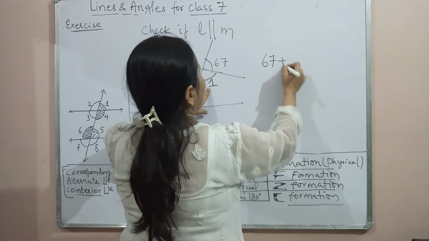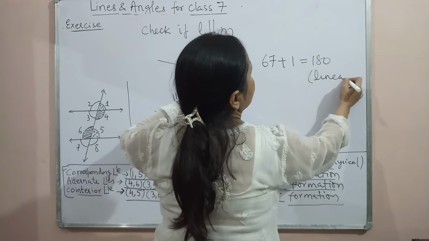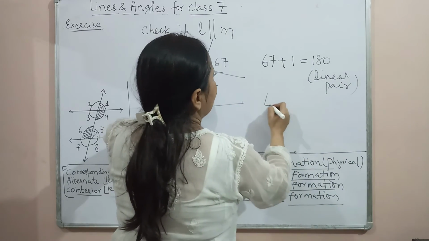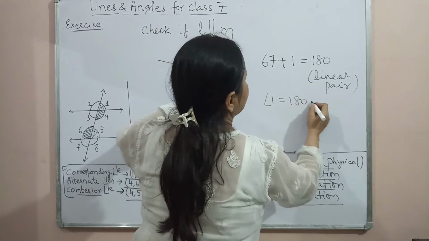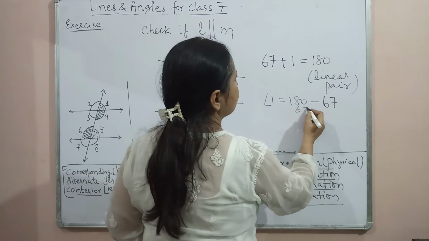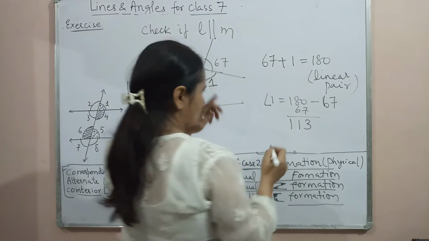Yes, 67 plus angle 1 is 180 degree because of linear pair. Now that means angle 1 will be equal to 180 minus 67, and if we subtract 67 from this we get 113.